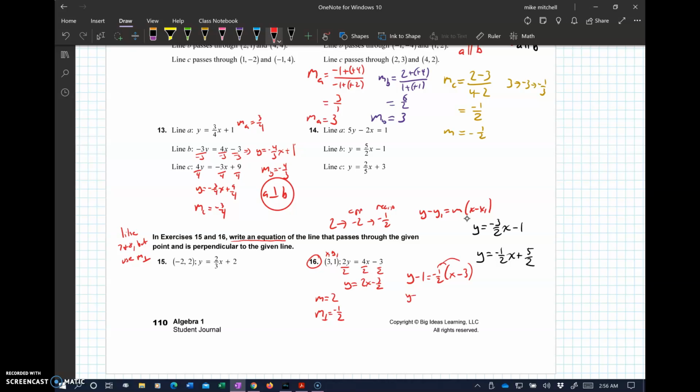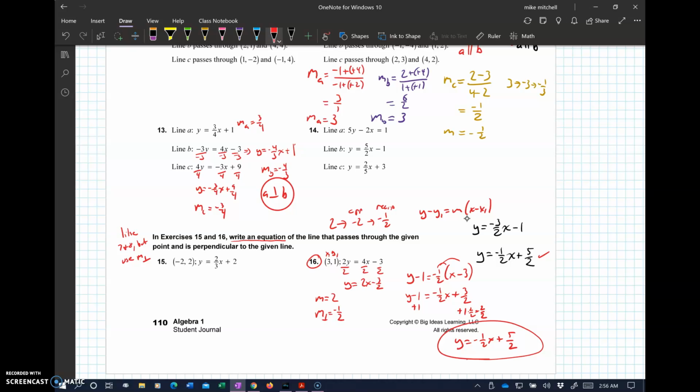Distribute. Y minus 1 equals negative 1/2 x plus, whoops, not plus 3, plus 3 over 2. Negative times negative is positive. Then I'm going to add 1. Remember 1 is just 2 over 2, so that gives me 5 over 2. Y equals negative 1/2 x plus 5/2. There's that answer right there.